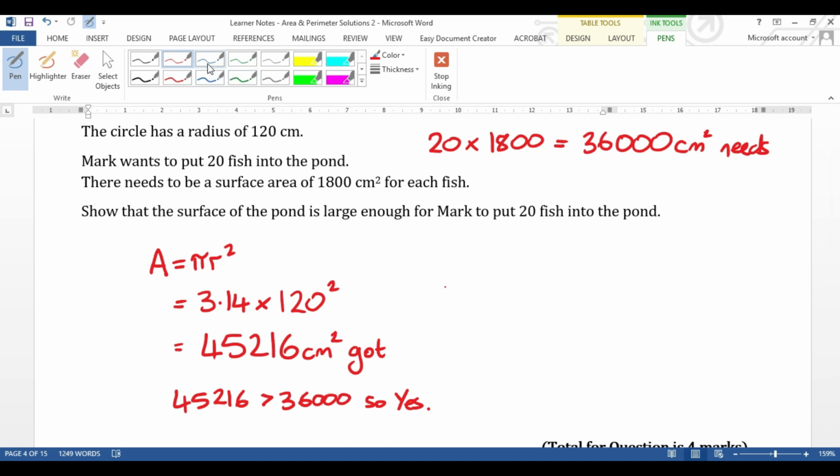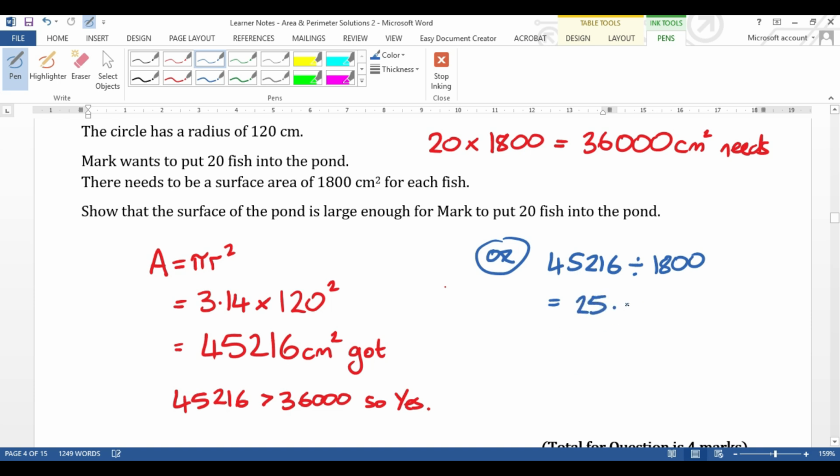You could, let me do it in a different color pen. Once you get to this step here with the area, you could divide that by the area here. So 45216 divided by 1800. This will tell us how many fish he can have.